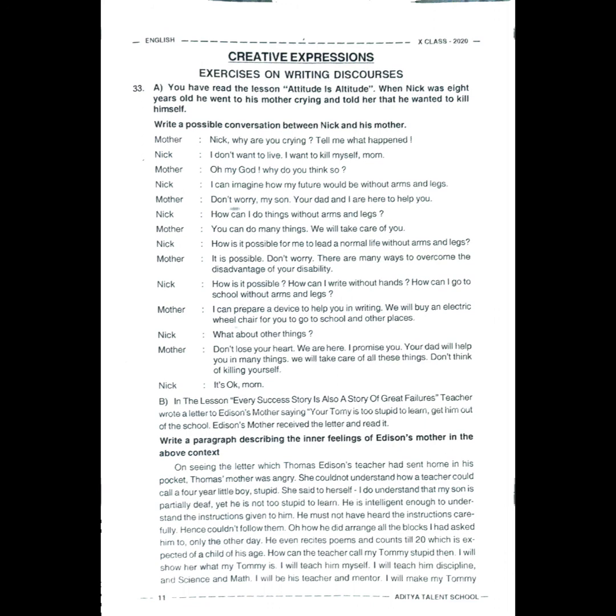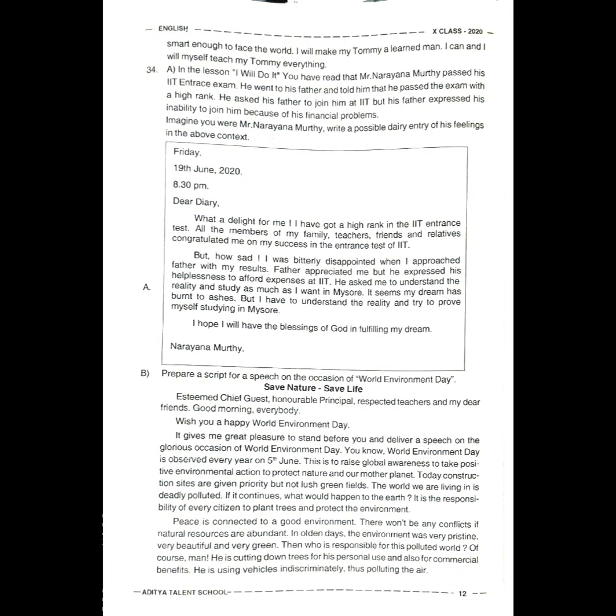Please go through the conversation, and you can see over here a description writing, 33B, a description writing, 34A, you can see a diary entry, 34B, it is a speech. So each of them has its own format. Please go through them, and as we go through each unit, we will be discussing the formats of each creative writing.